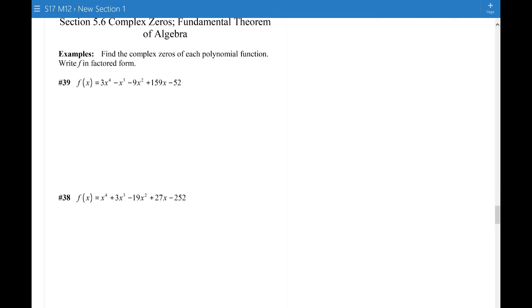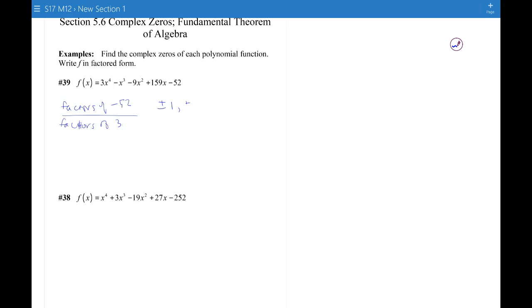Okay, so when we're finding complex zeros, then we need to go all the way down to linear. So here's one that's your worst nightmare if it was on a test, so I guarantee you it won't be on a test, but it's a good take-home test problem because you're going to have to start with factors of negative 52 over factors of 3. There's a lot of them.